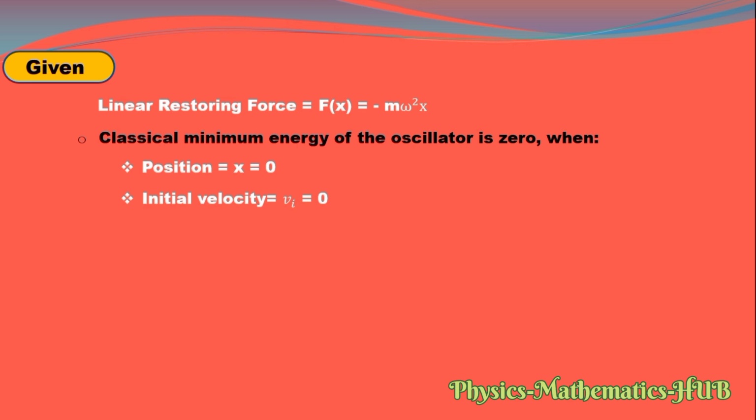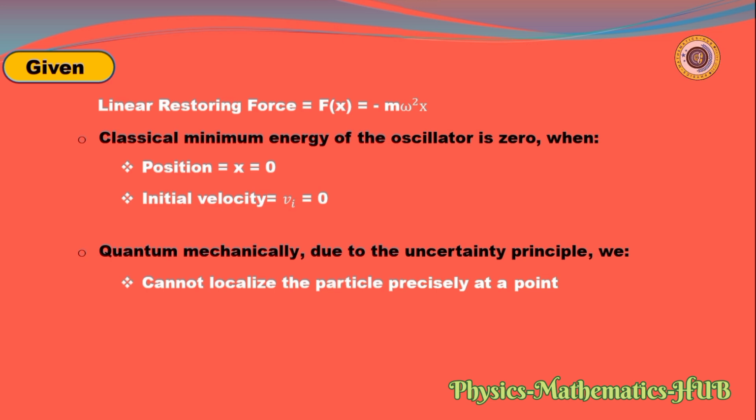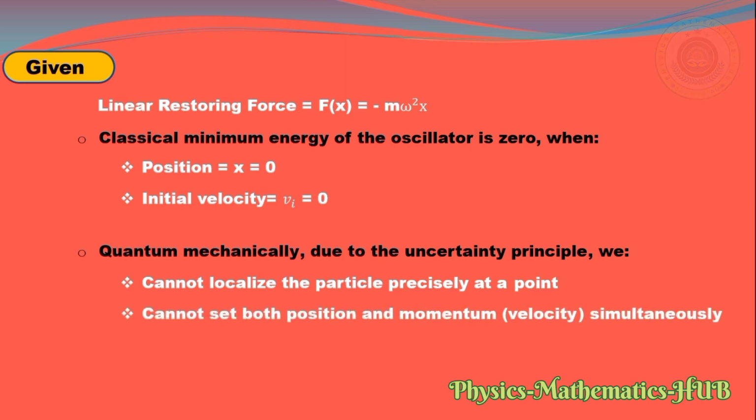But in quantum mechanics, things work differently. According to the Heisenberg uncertainty principle, we cannot know both the position and momentum of a particle with absolute certainty. That means we cannot place the particle precisely at x equal to 0 and simultaneously say its momentum is 0.